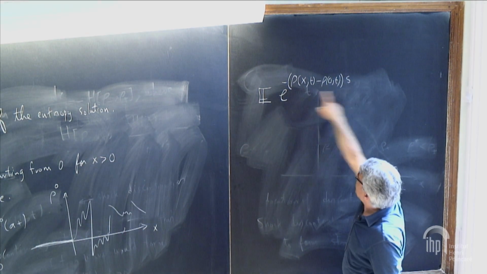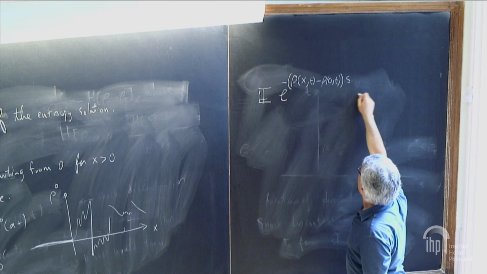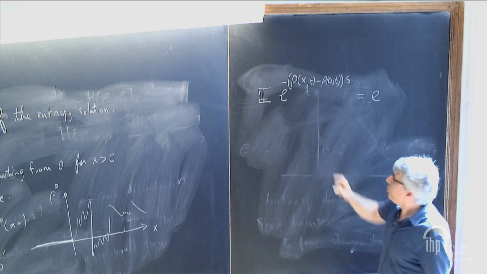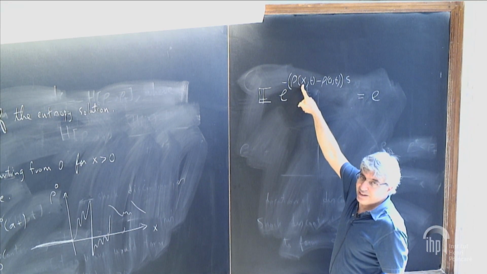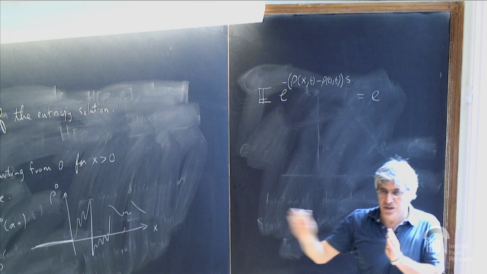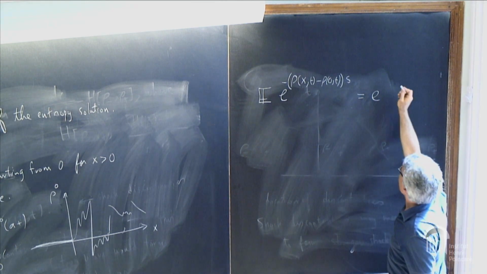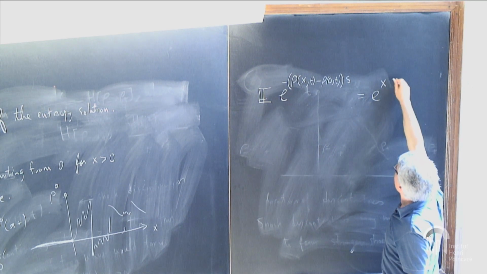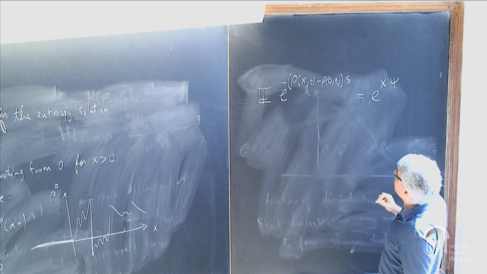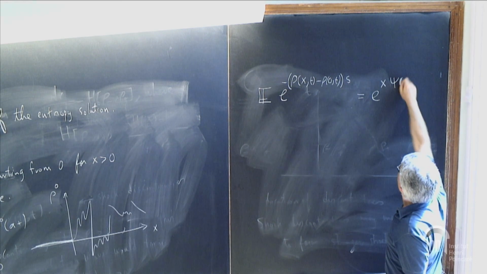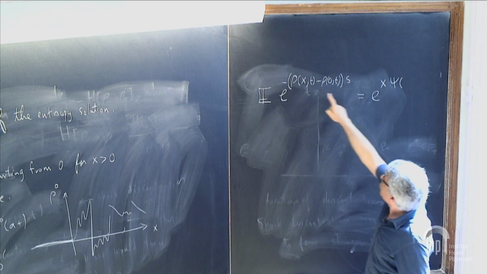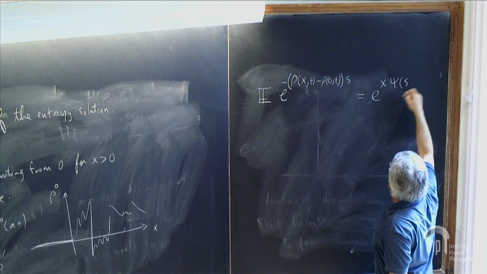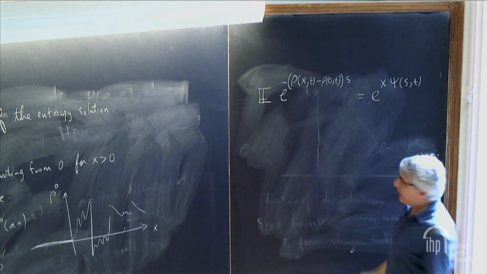The fact that this is Lévy says that the characteristic function would be exponential, and the exponent should be linear in x. That has to do with the fact that the increments of a Lévy process are stationary. So you would have e to the x times a suitable factor that would depend on time and s, a suitable nonlinear function of s and time.